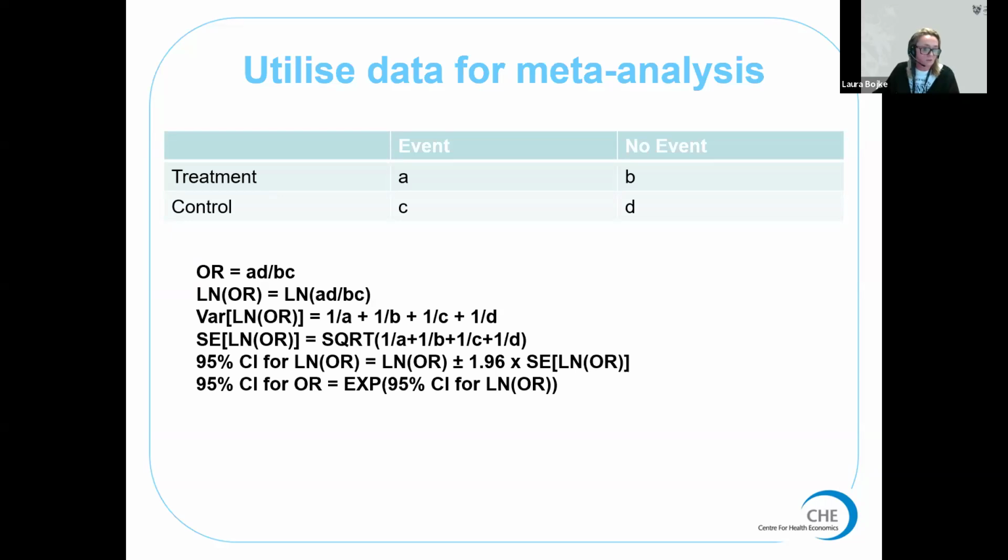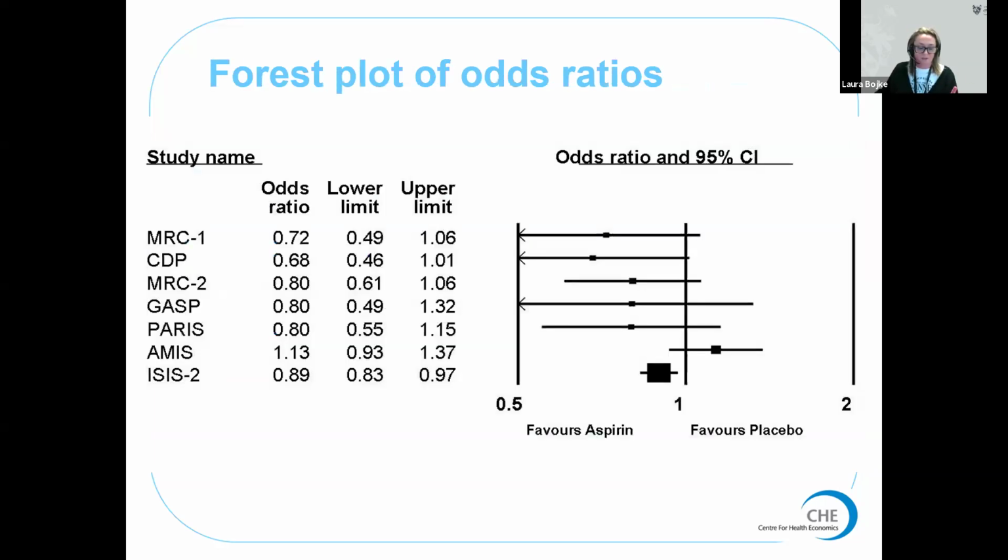So relatively straightforward. That can be done in a matter of minutes within Excel, just plugging those numbers in to calculate those relative effect measures and also the uncertainty for that relative effect measure for that one individual study. And we can do that for each of those 7 studies that we have identified as potentially relevant in terms of informing a question about the effectiveness of aspirin given to patients after they've had a heart attack in terms of reducing the likelihood of them dying.